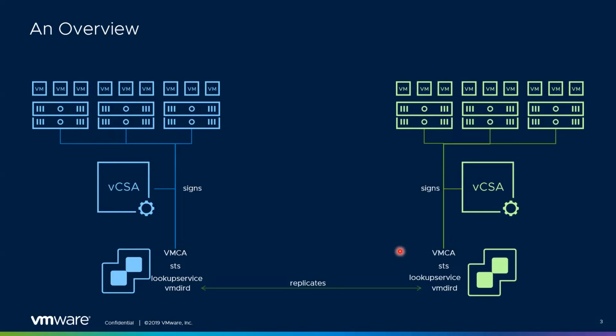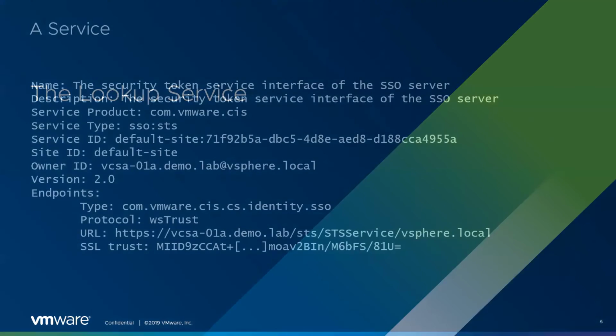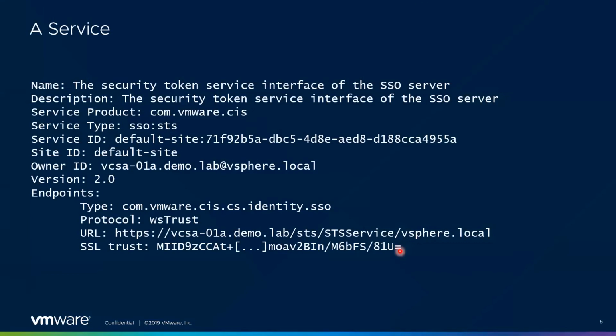Okay. Yeah. So let's have a look at the lookup service itself. The lookup service has multiple entries for multiple services. So this is an example service. In this case, this is the secure token service.